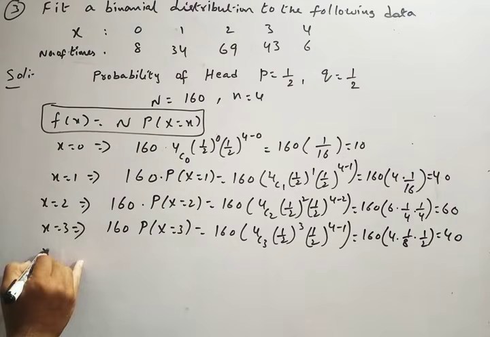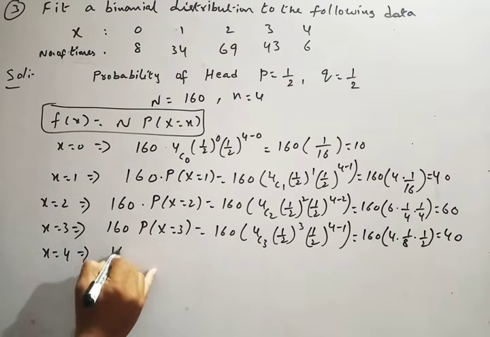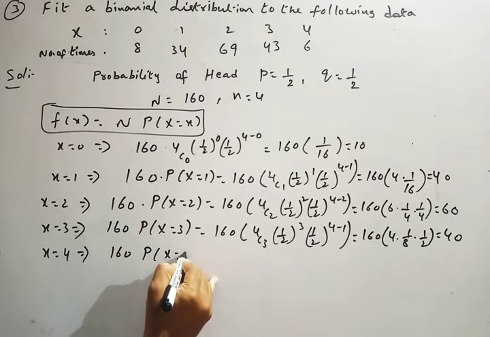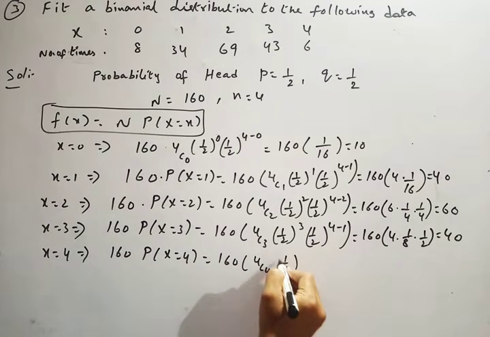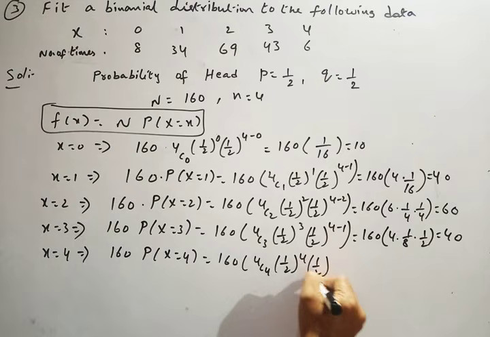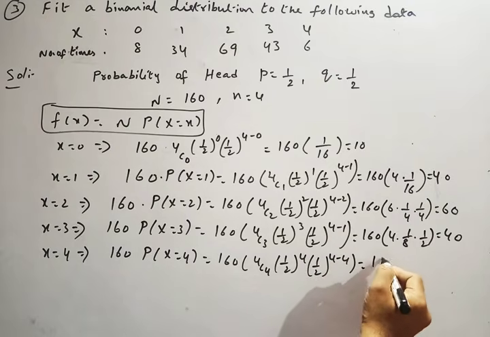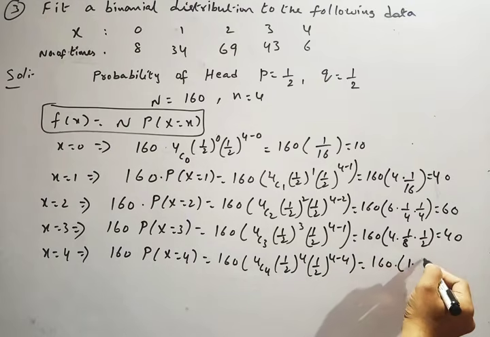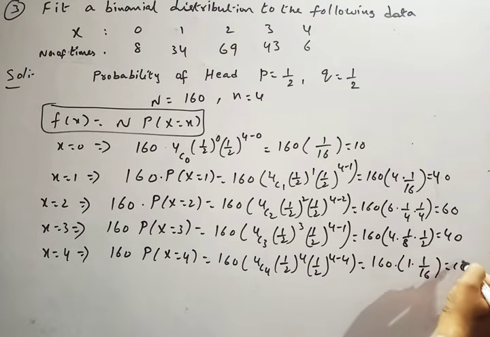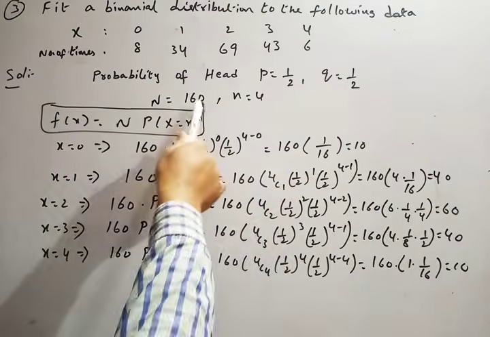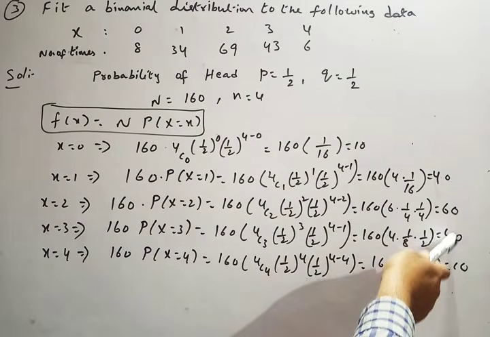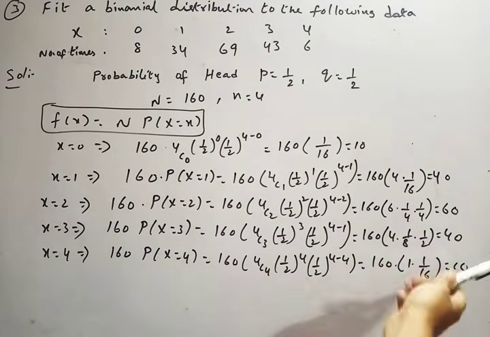Last one, x is equal to 4: 160 into 4C4, 1 by 2 power 4, 1 by 2 power 4 minus 4, which is 160 into 1 into 1 by 16, giving 10. If you add all these values, again you should get the same 160. See here, 150 plus 10, 160.